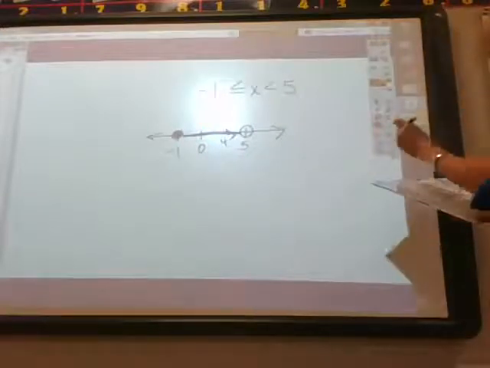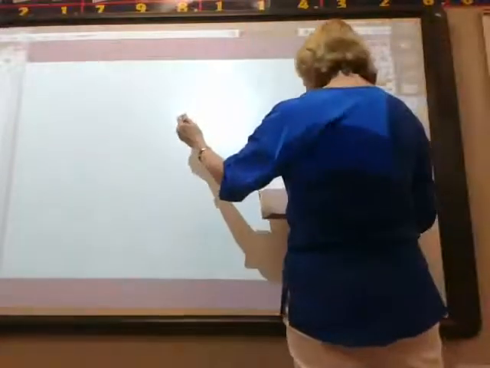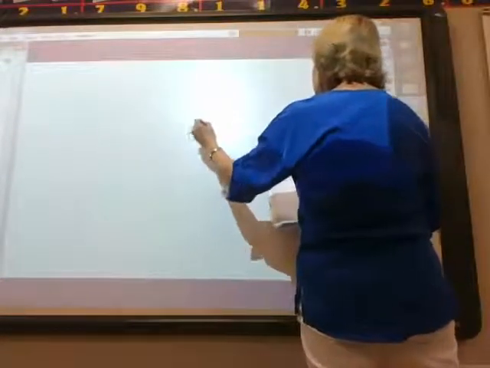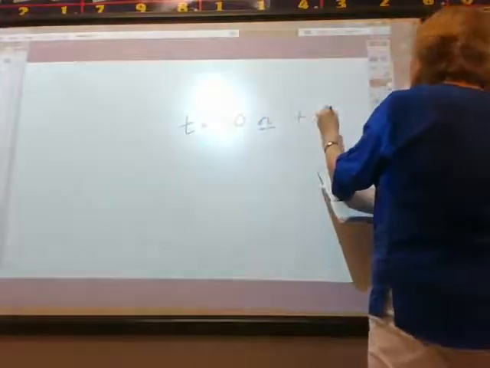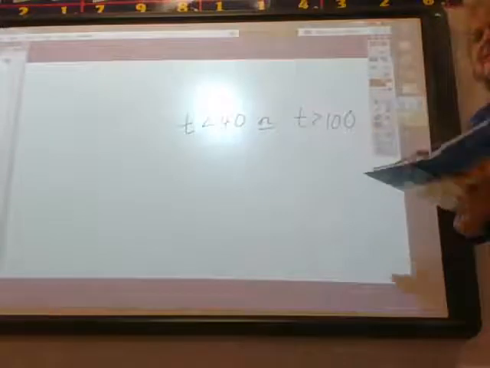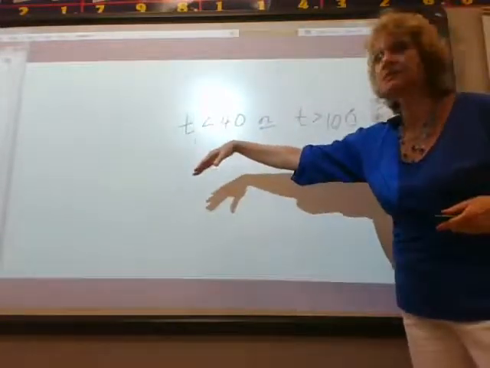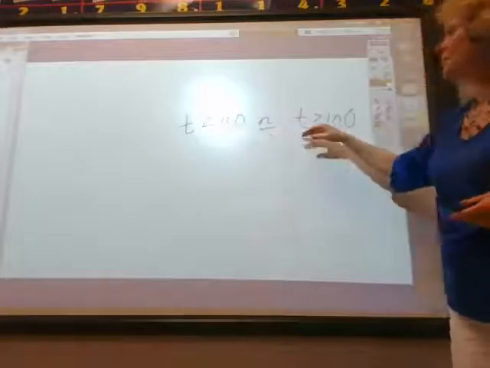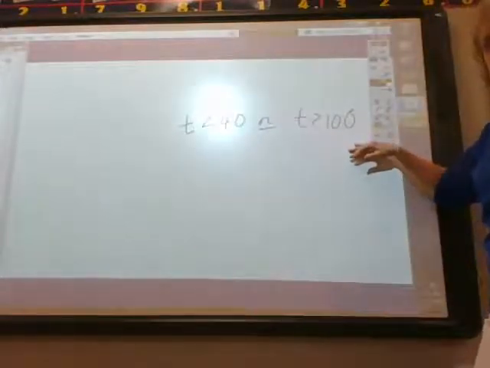Let's see. The next one, we have what we call a disjunction. It says graph this pair of inequalities, and we have the or. In this one, we're saying that t has to be less than 40, so numbers like 39, 37, 20, or greater than 100, so 102, 110, 200, right?